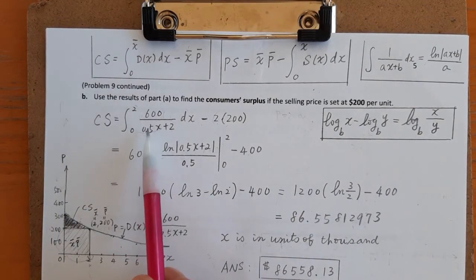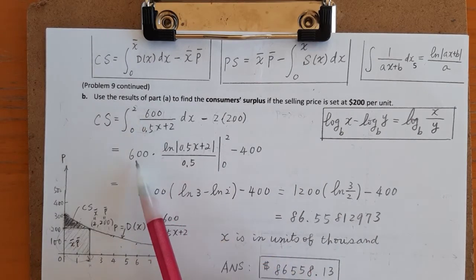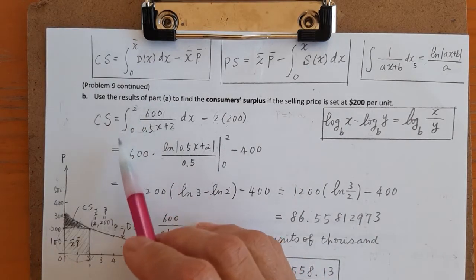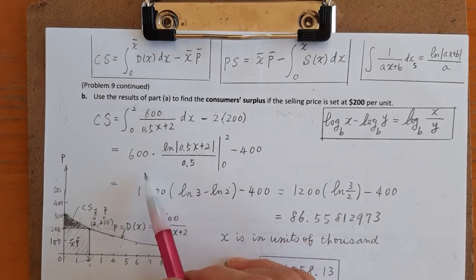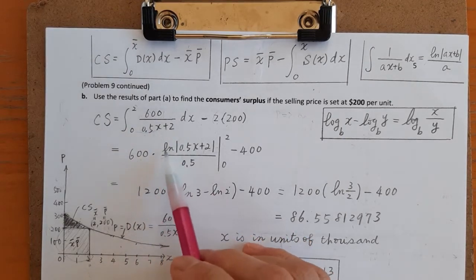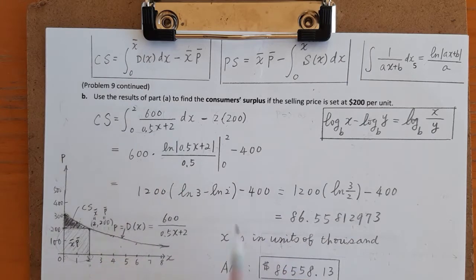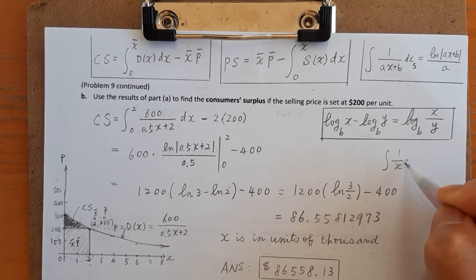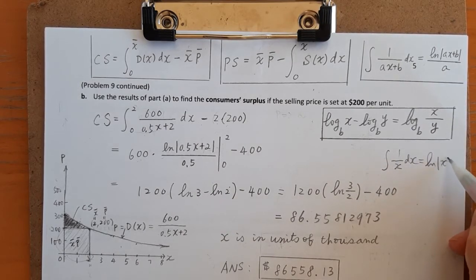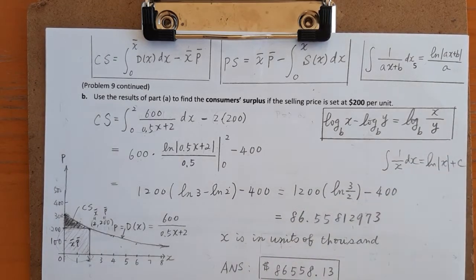And in this one, when you take the integral, you can factor out 600. The integral of 1 over 0.5 x plus 2 is going to be ln. The integral of 1 over x dx is equal to ln x plus c.